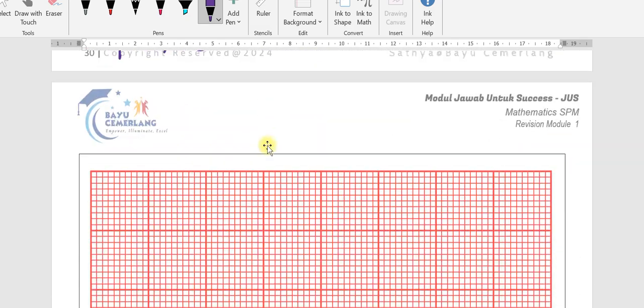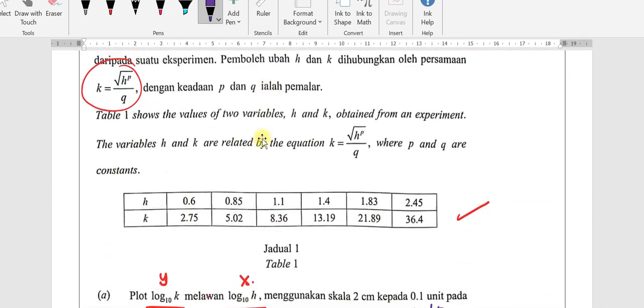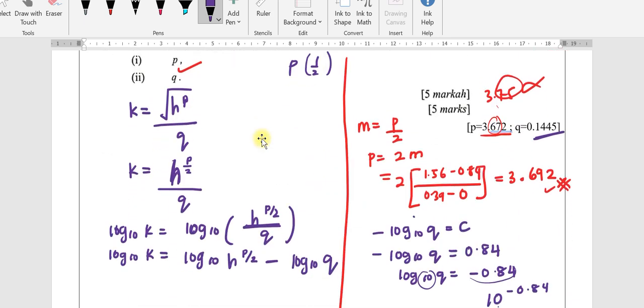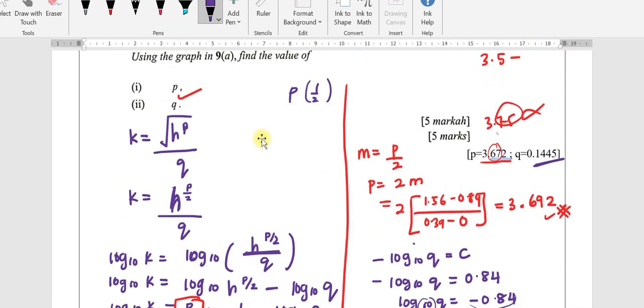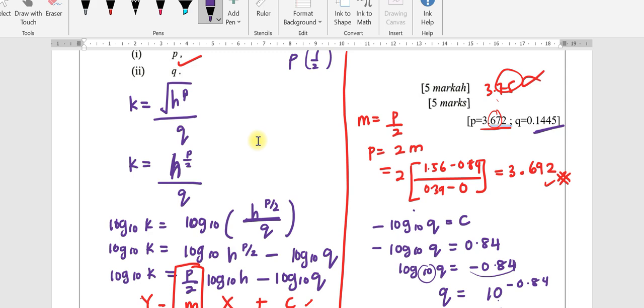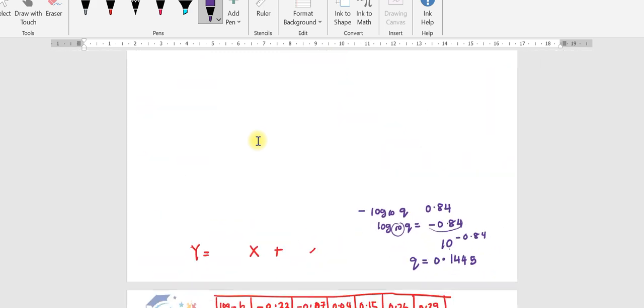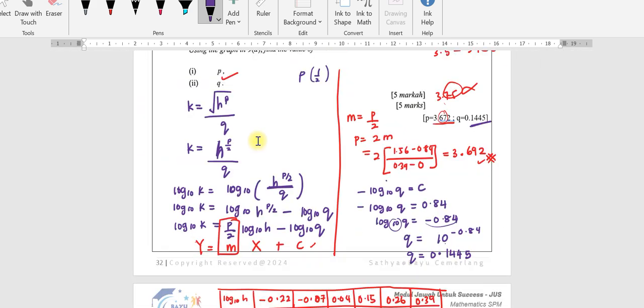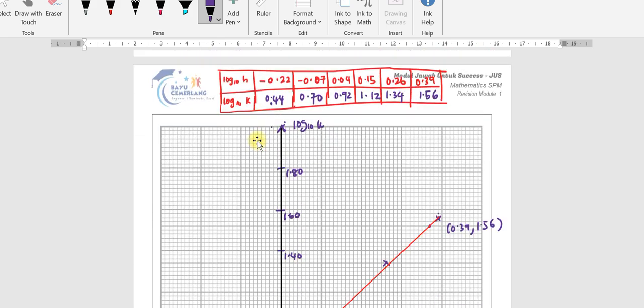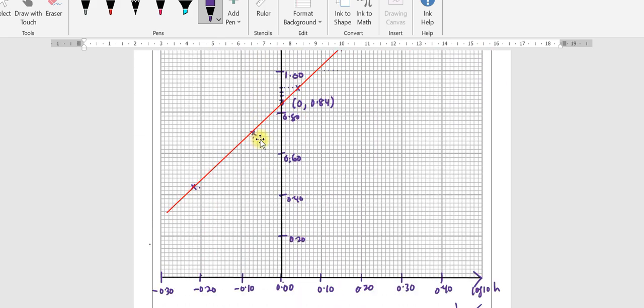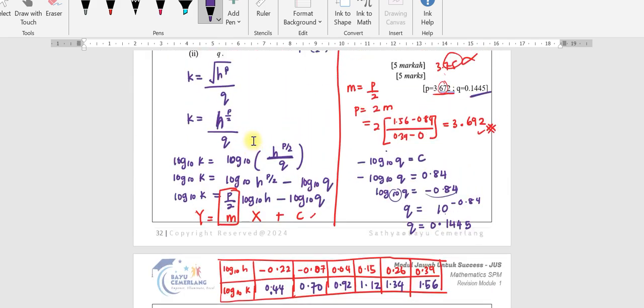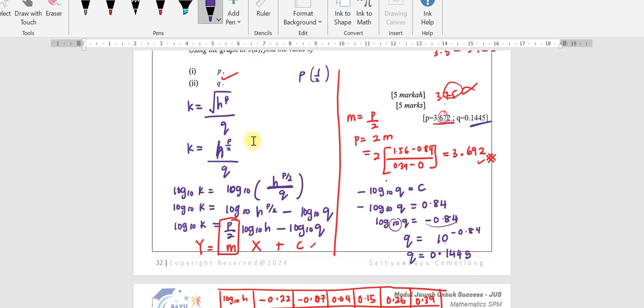Next one, question number 5. I think I did this with one of my classes. I did the graph as well. I freeze here for a while, for 3 seconds, and you can go from here.